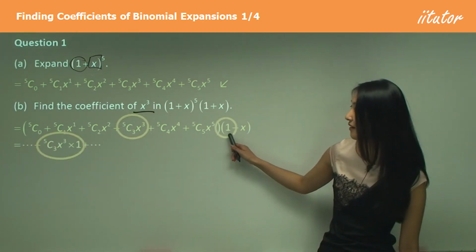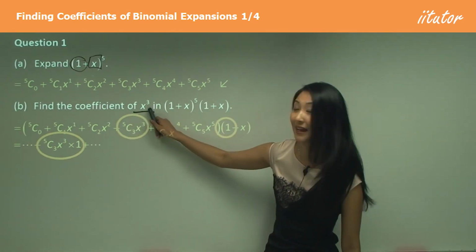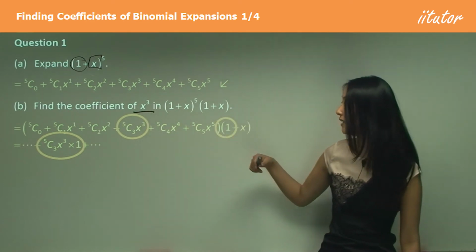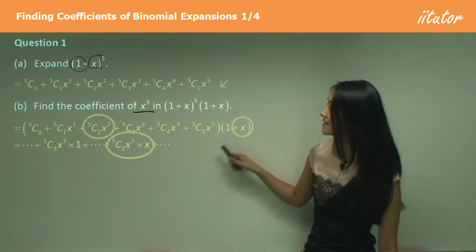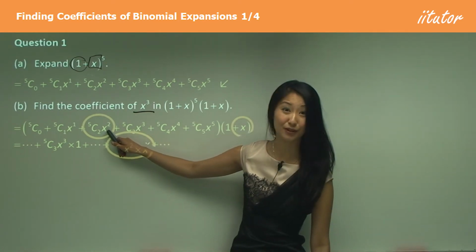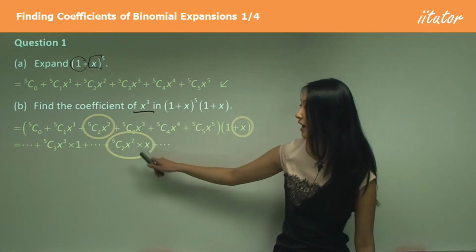Now, times 1, well, we want x to the power of 3 there, don't we? So that will give me x to the power of 3, as well as what times x is going to give me x to the power of 3? Yeah, exactly. It's going to be this x to the power of 2 here, right? So we have 5C2 x to the power of 2 times x.